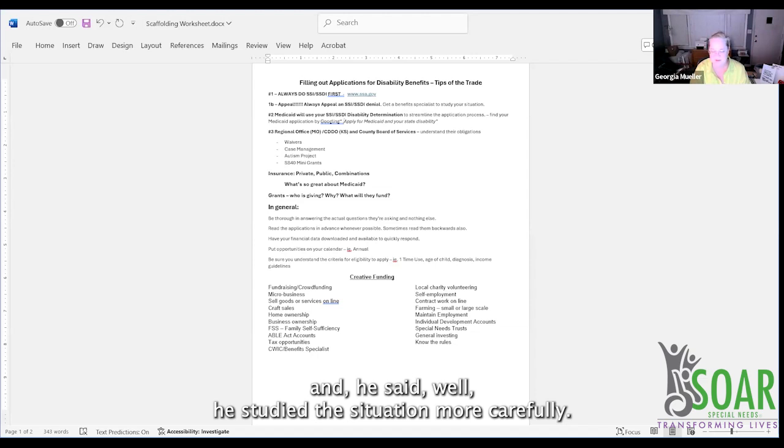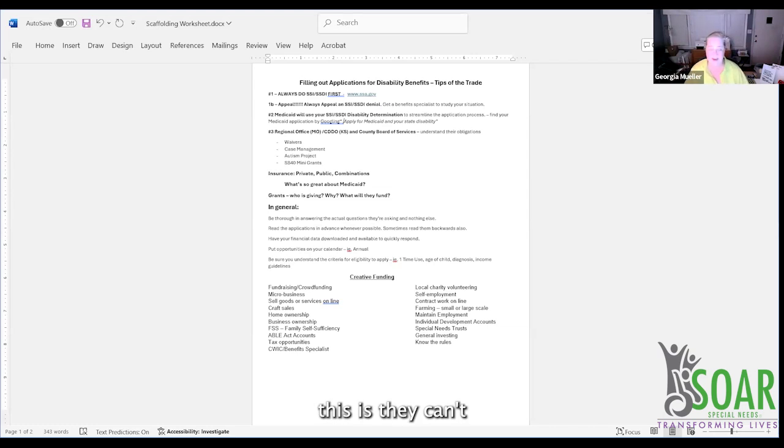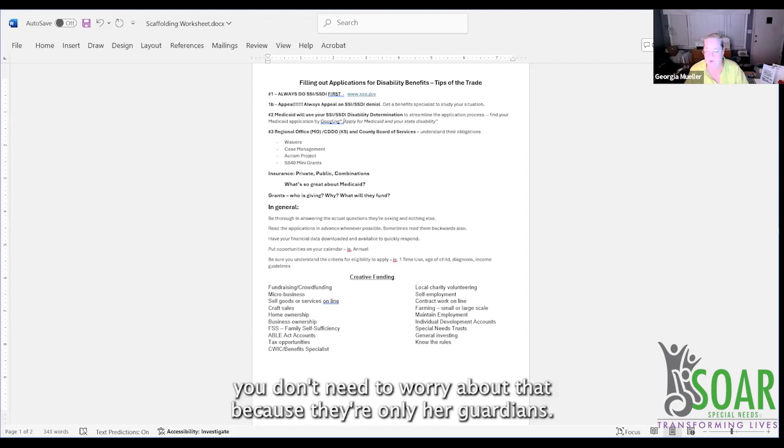He studied the situation more carefully and said, you don't need the Lopez waiver. I'm like, what are you talking about? This family makes really good money. They can't qualify for the other waivers. He said, you don't need to worry about that, because they're only her guardians.